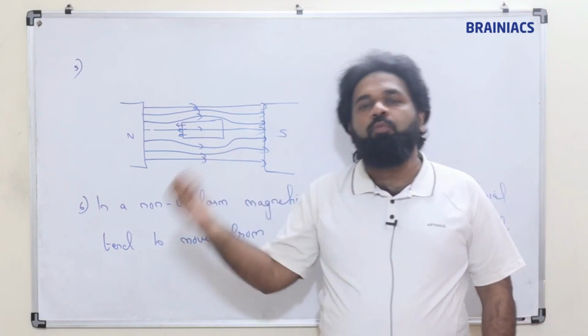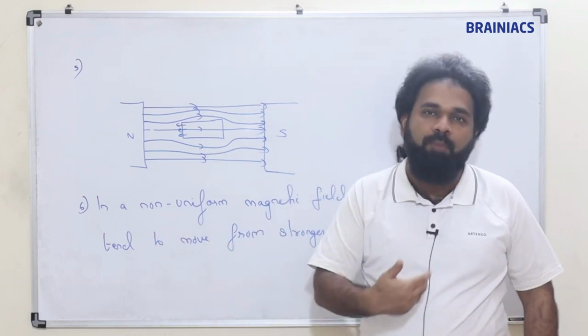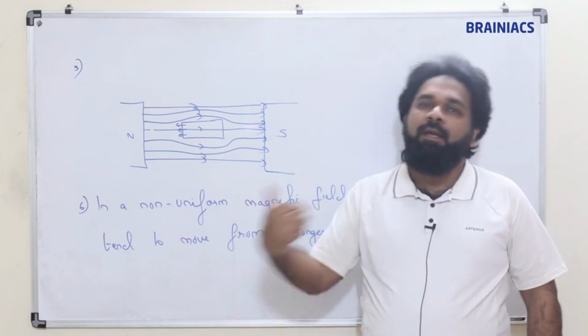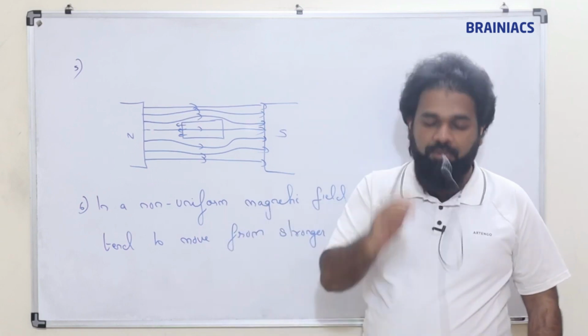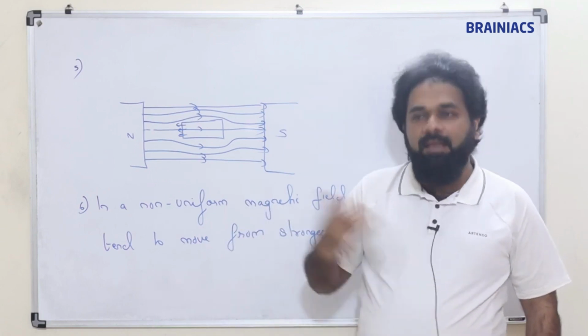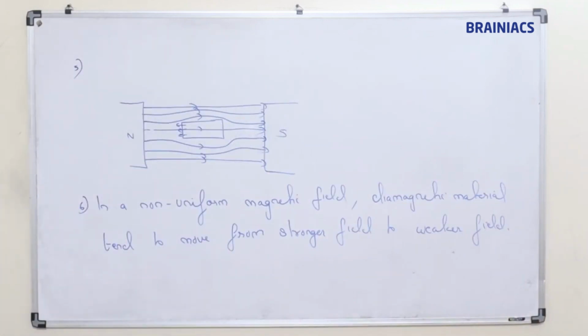So it will not actually move, but it has a tendency to move from the stronger area to the weaker area, because repulsion will be less in the weaker area. Okay, clear?